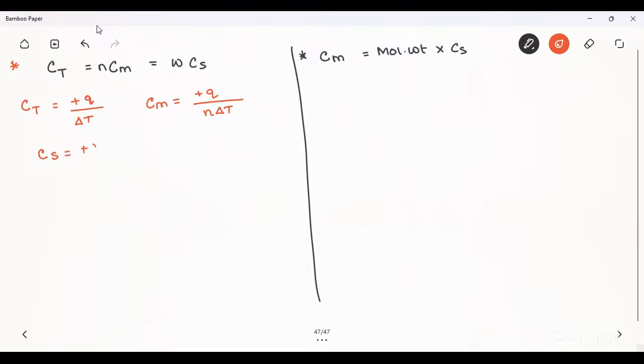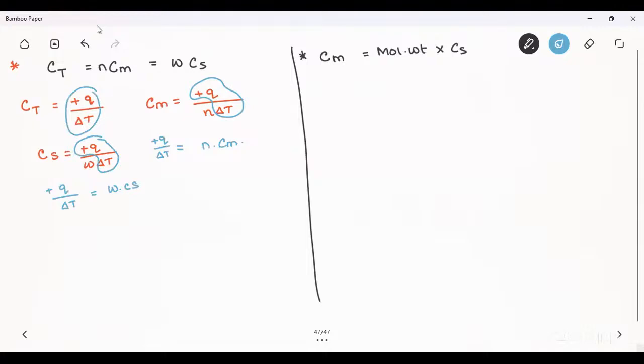CS is Q by w delta T. Now, this Q by delta T is CT. For this one, what can we write here? w into CS. And here, Q by delta T, what can we write? n into CM.